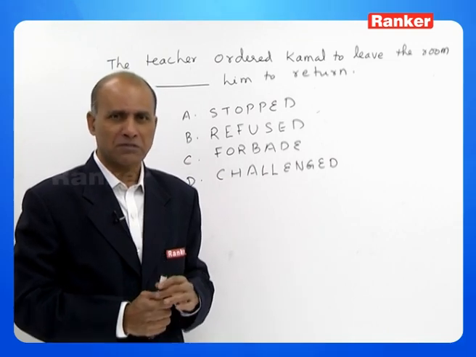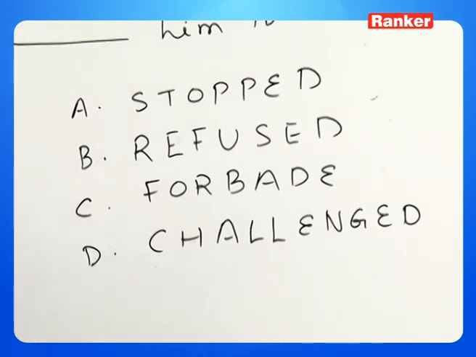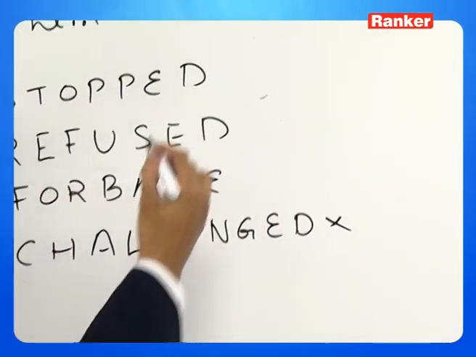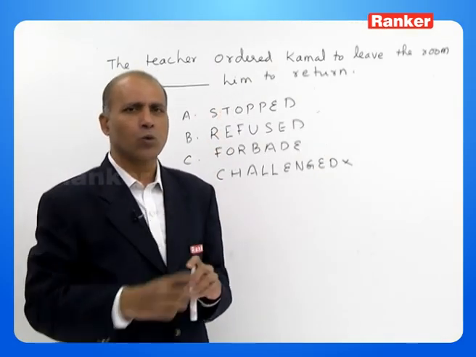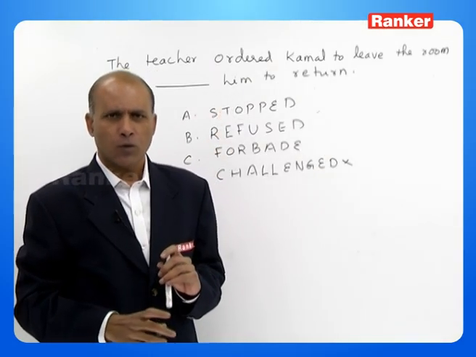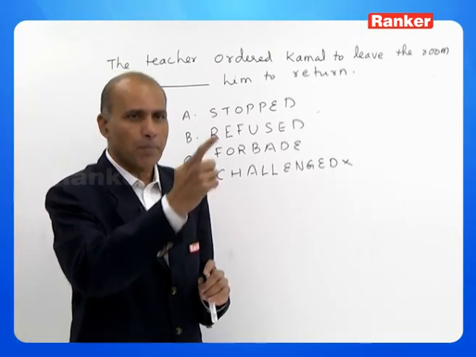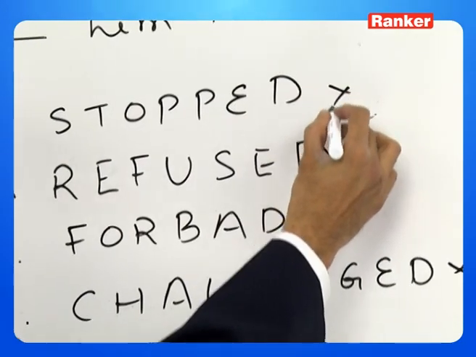Get out of the class and I challenge, if you can come back, come back. I don't think it makes any sense. I stopped him to return. I asked a person to go out of the class. What do you mean by I stop you to return? You don't say that. So, doesn't make much sense.